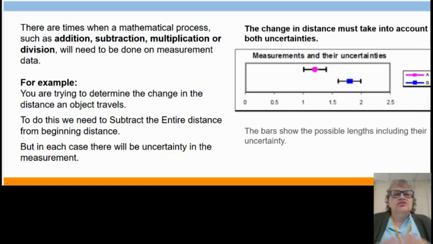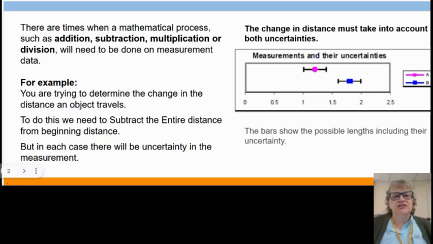Okay, so there's going to be times when you're going to have to do a mathematical process with your values. You might have to add them, subtract them, multiply them, divide them, that type of thing. For example, if you're trying to determine the change in distance that an object travels, we need to subtract the beginning distance from the entire distance.